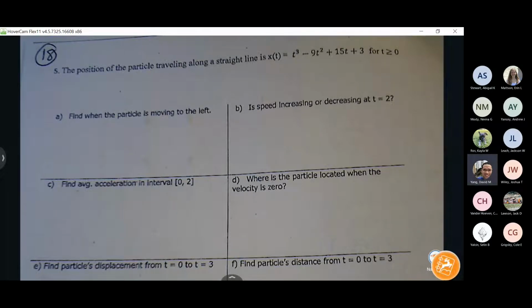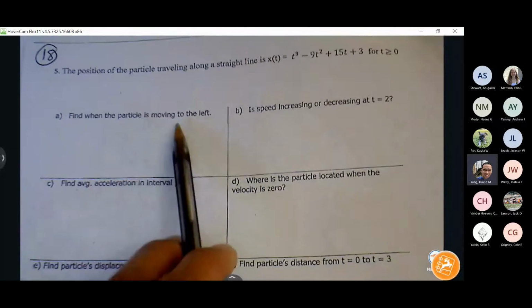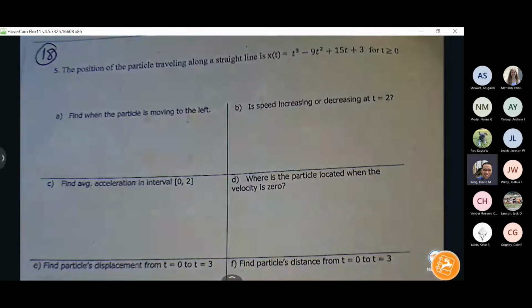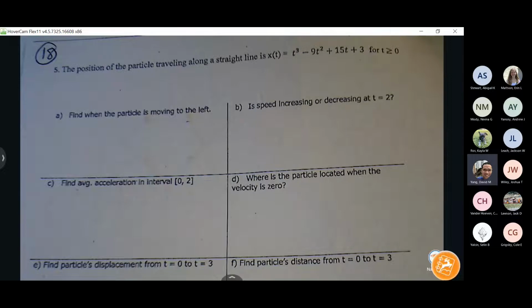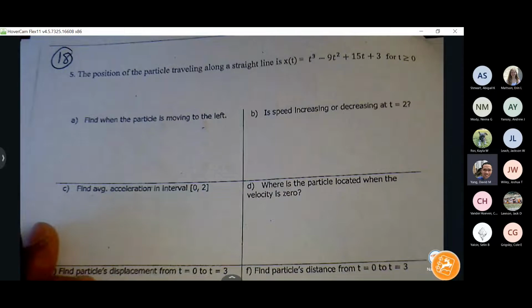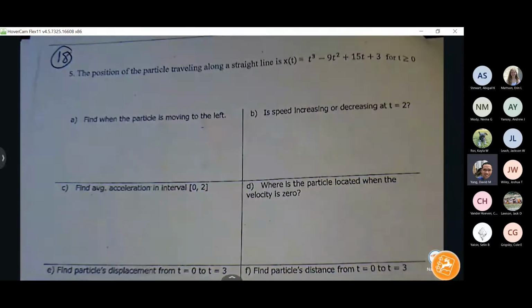When is the particle moving left? Before we can do anything with movements, we got to get down to our velocity. Create our velocity sign line. Set velocity equal to 0, find the t values where the particle is at rest. So all that information we need to find before we can get that sign line going and actually read it.